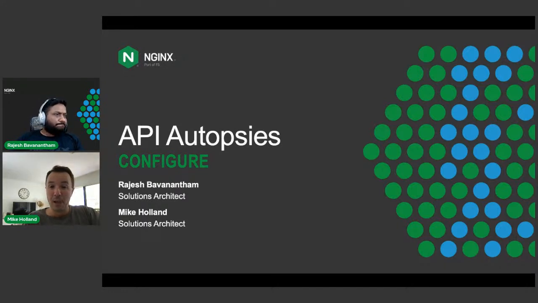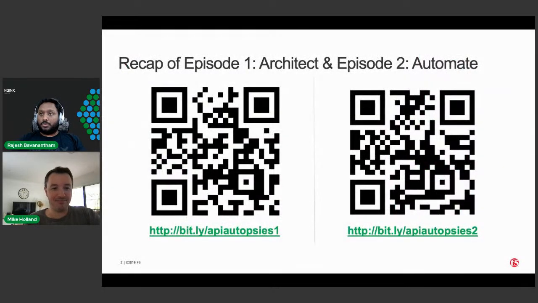I think let's start with the task. Before you start, let me give a rundown of what happened in the last two weeks, because we talked quite a lot about the architecture of how to do the APIM and the automation. The first episode was all about architecture. We talked about API management operating models, the various API management architectures, and some security control considerations.